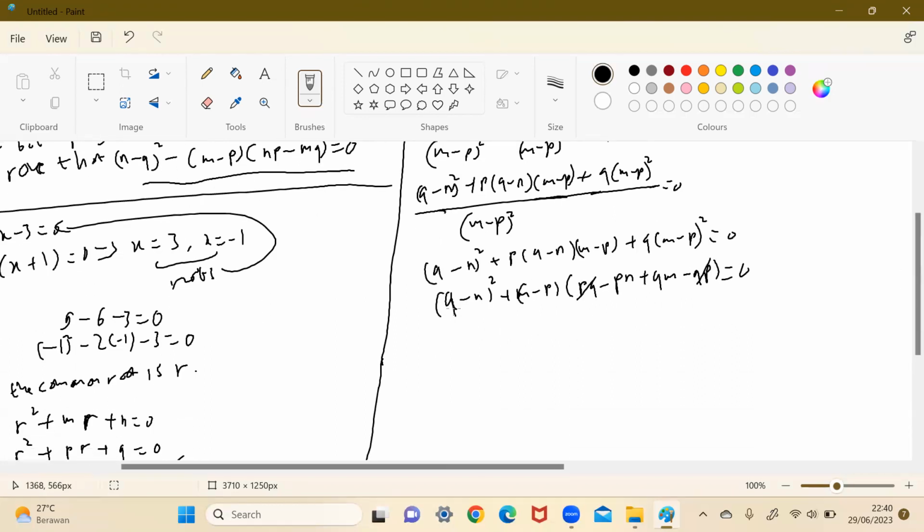We obtain, because q minus n is equal to negative (n minus q), that (q minus n) squared is equal to (n minus q) squared, so we can flip the two seamlessly.